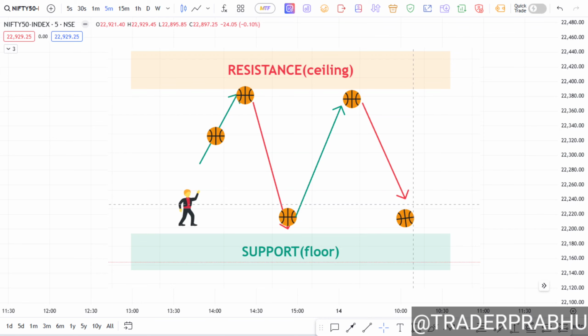If you drop the basketball, it hits the floor and bounces back up again and again. That floor, that is support. It's a price level where buyers step in and push the price back up. So now you understand the basic idea of support and resistance.